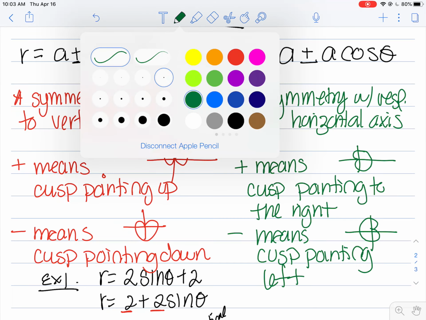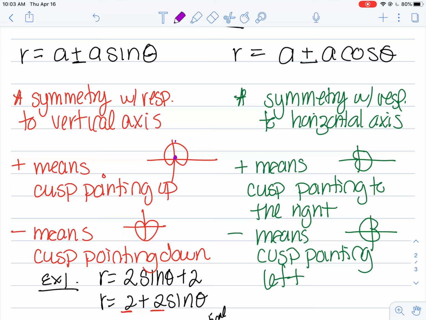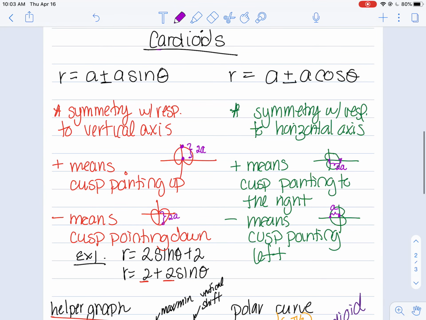And the distance between the pole and the point that's furthest out is twice A. Okay, so these again are cardioids.